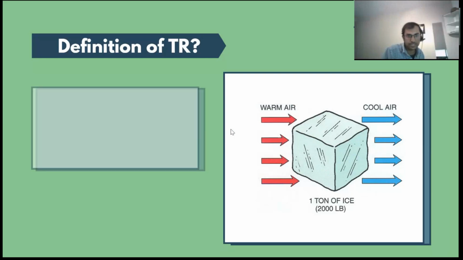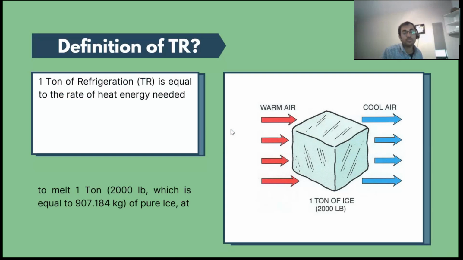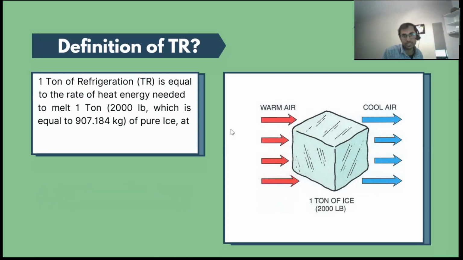From this diagram we can say that 1 ton of refrigeration is equal to the rate of heat energy needed to melt 1 ton, that is 2000 lb, which is equal to 907.184 kg of pure ice. 1 ton of refrigeration is equal to the rate of heat energy required to melt this 1 ton of ice at 0 degrees centigrade in 24 hours.